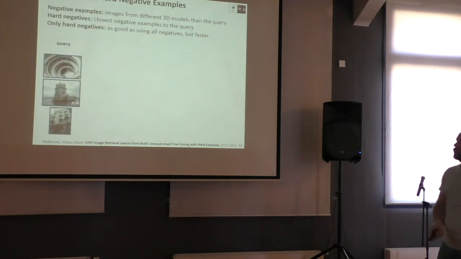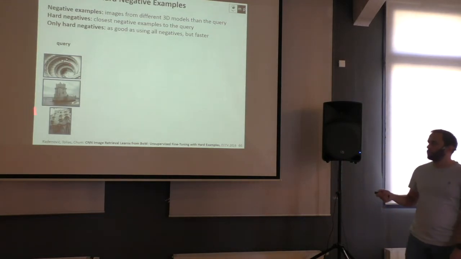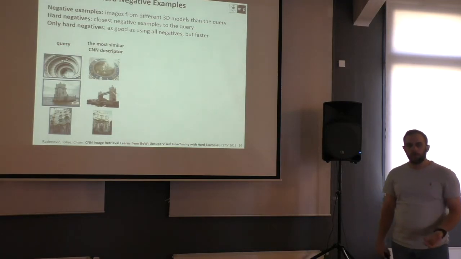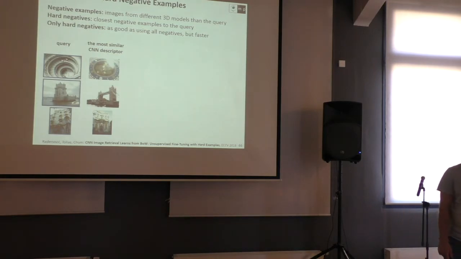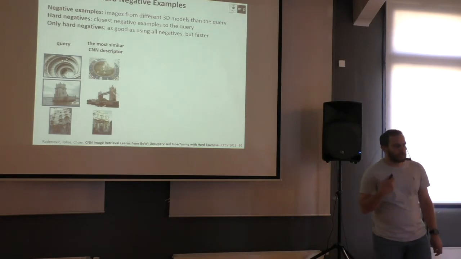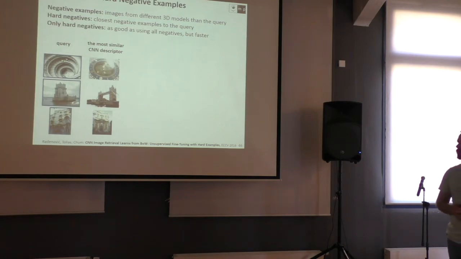So for example, for negative images, if we take these images as queries, we just want to find the image that's the most similar to the query image, but it's not in the same 3D reconstruction. So this is how it will look. And usually in metric learning, it's very common to use more negative examples because there are many more negative examples than positives.